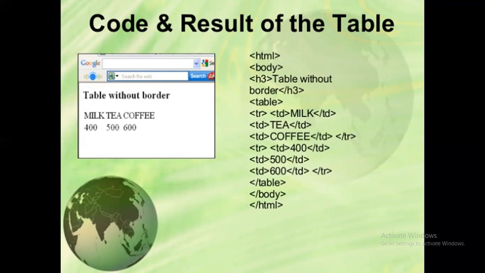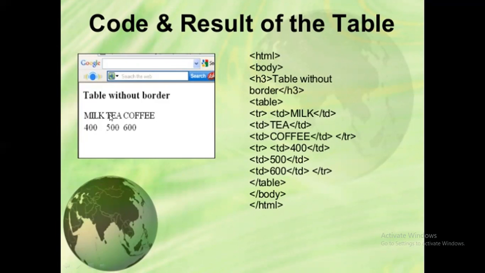So this was all about the table. Construction of the table starts with the starting of the table tag and the ending of the table tag. TR stands for row. In one row, three things are written, as you can see. TR is for table row and TD is for the element of the particular table. TD one is milk. Look here.